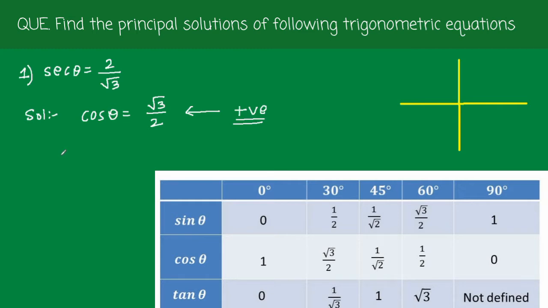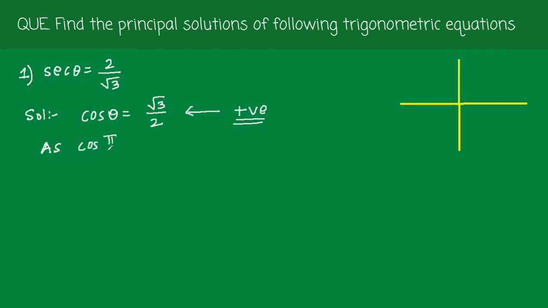Therefore, we can say the first value of theta is 30 degree, that is pi upon 6. We can check this value from this table. We write cos of 30, that is pi by 6, is equal to root 3 by 2. So theta is equal to pi upon 6, and this is our first solution.